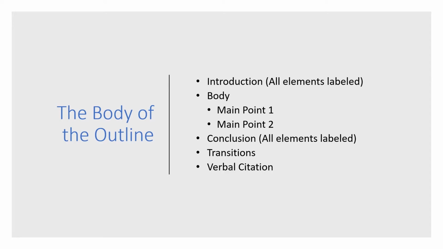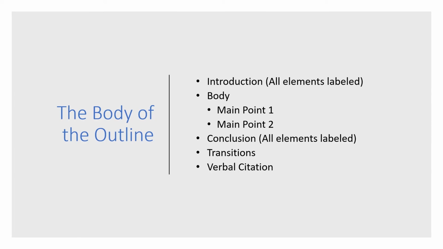There are also a number of elements that you need to include in the body of the outline. So the body of the outline should clearly show the introduction and the body and conclusion of the speech. It should also label all the elements of the introduction and all the elements of the conclusion. So that means that you're going to label the attention getter, the SAT, the credibility, the thesis, and the preview statement.